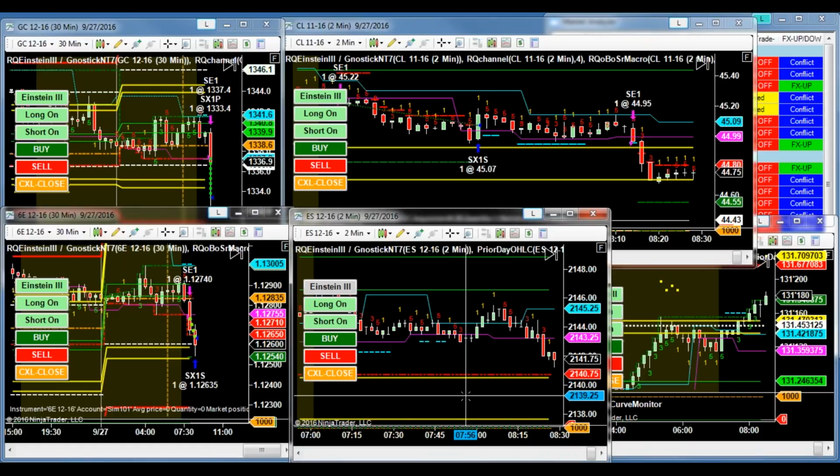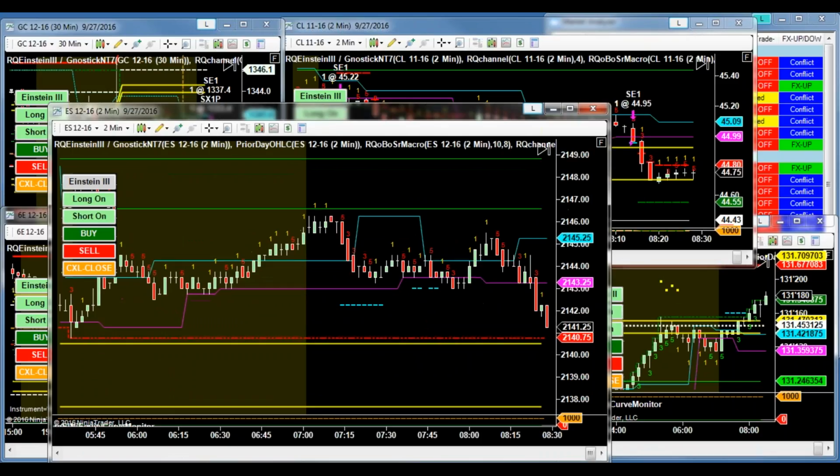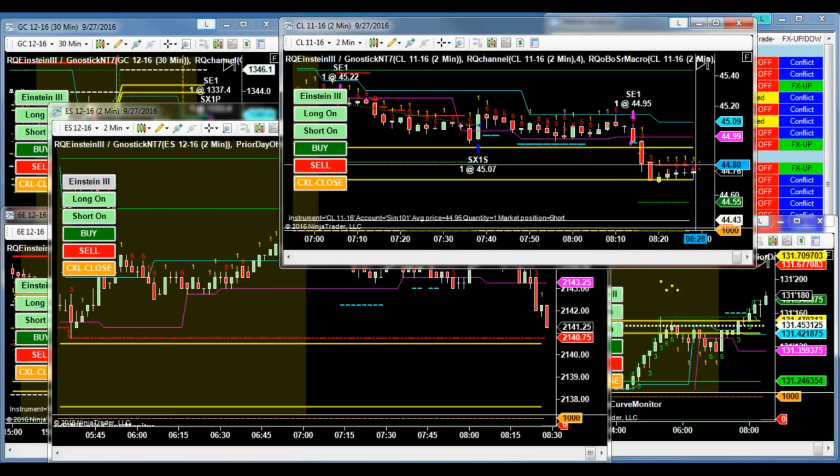We might have a new low in the S&P. S&P looks like it's going back to the downward trend. You can see on crude, the dashed red line. That's a trailing stop. So I have the option of having a chart trader open, clicking it and dragging it, and moving it back up, or leaving it alone.